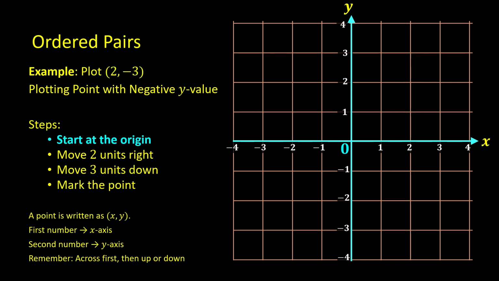So let's start at the origin as shown, move 2 units right, move 3 units down, and mark the point as shown.